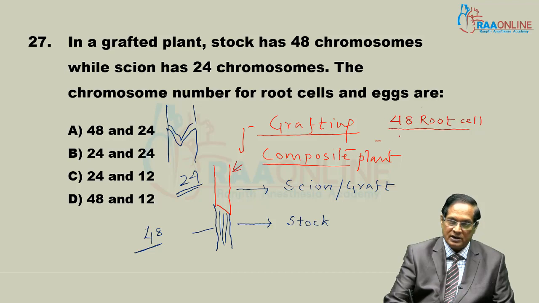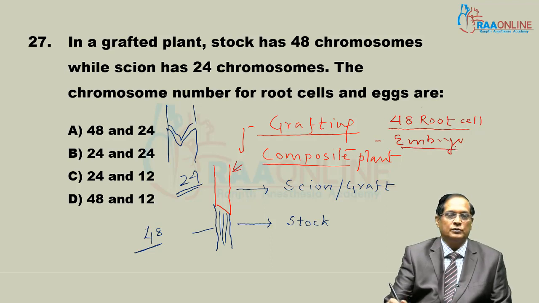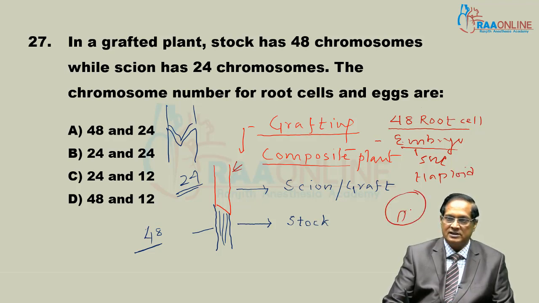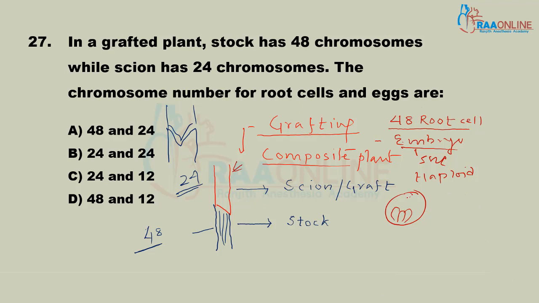So the embryo sac, or female gametophyte, is from the scion portion or graft portion, and the female gametophyte is haploid. All its cells are haploid. This is the egg cell, the synergids, these three cells are antipodals and these two are the polar nuclei.